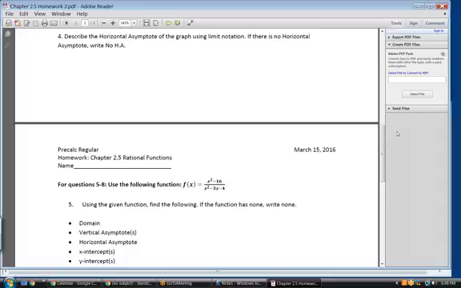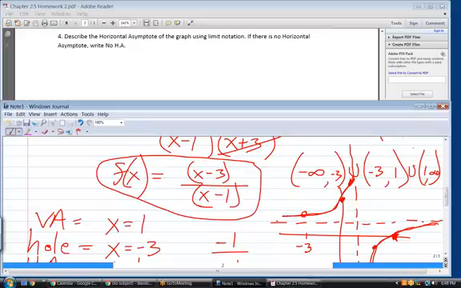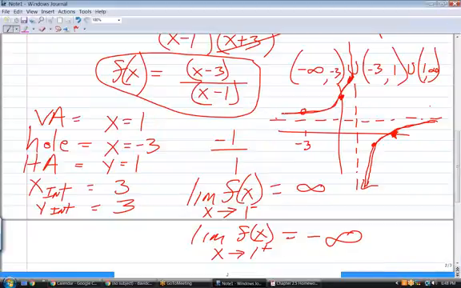Describe the horizontal asymptote using limit notation. And there is a horizontal asymptote here. So here, it's going to be a little different. We're not looking at the limit of f of x.